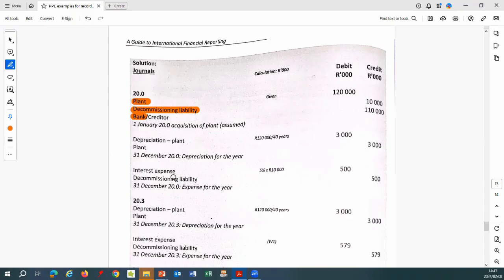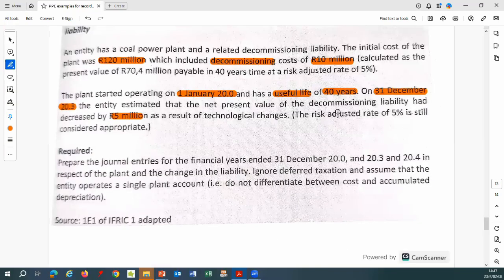And remember, for this decommissioning liability we need to unwind the discount that we've provided at 5%, so that by the time we need to decommission, this value of 10 would have grown to the actual expected value of what we're going to be paying, which if we go back is 70.4 million. In 40 years, it would go up to 70.4 million.